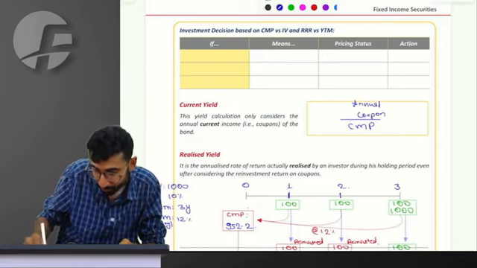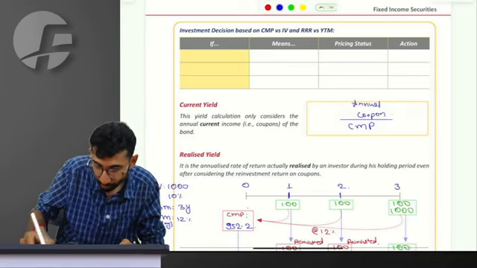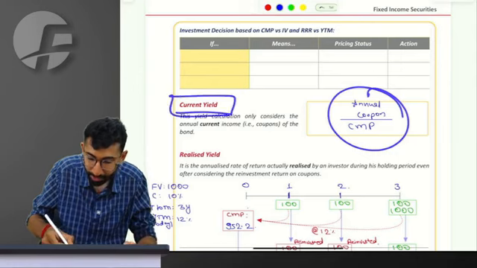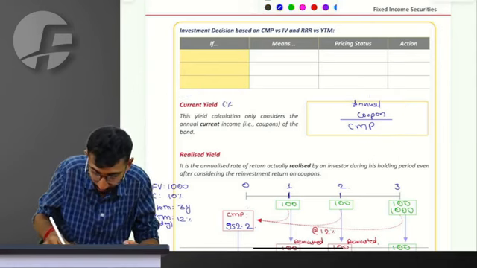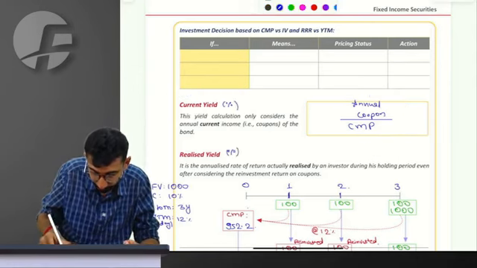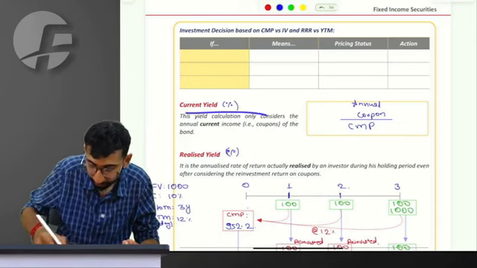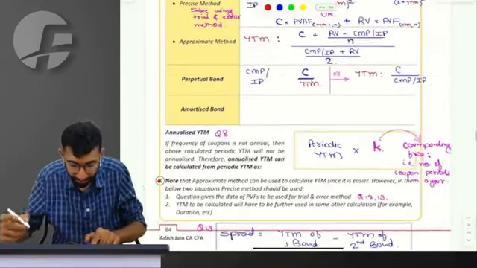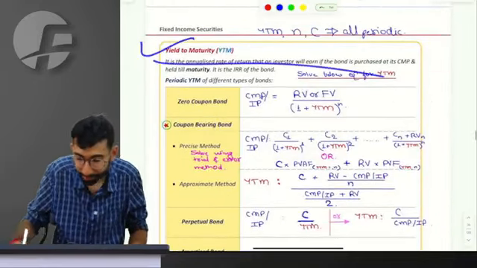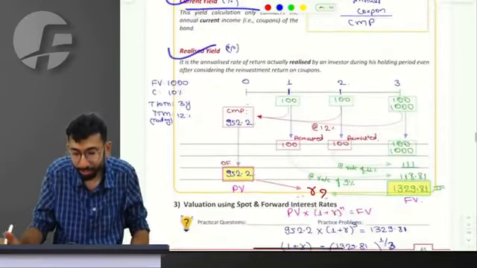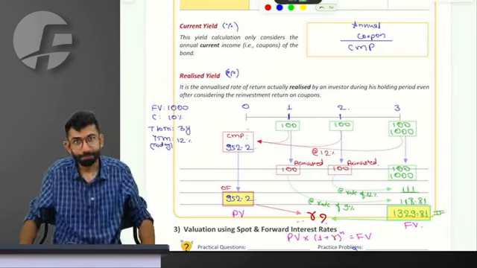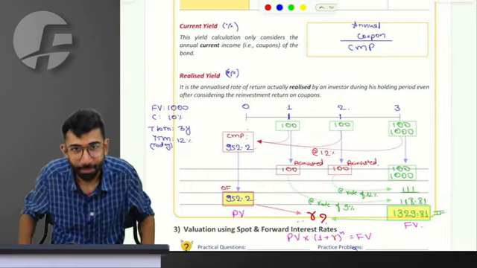So when you take the annual coupon in the numerator and the CMP in the denominator, automatically the yield calculated in percentage terms is the current yield. Right? So current yield is clear, realized yield is clear, and the YTM is obviously clear. These are the three kinds of yields you must know for the entire chapter of fixed income securities. All right. People, please.